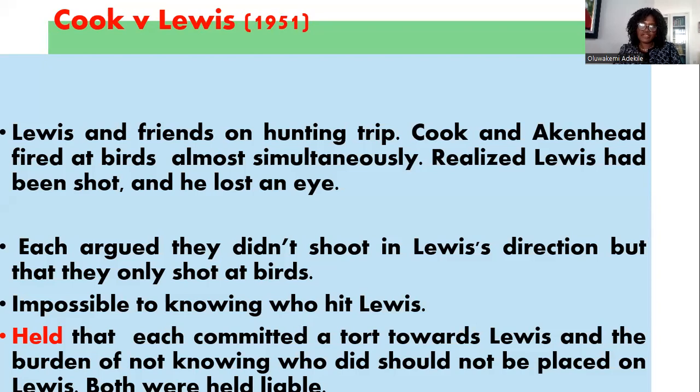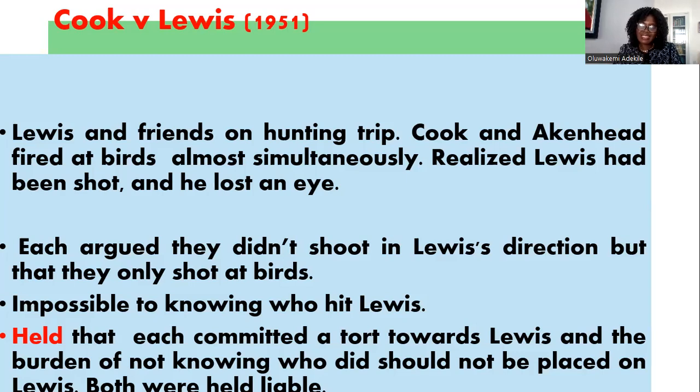Now, each of the defendants, Cook and Arkansas, both argued that they only shot at birds, they didn't shoot in the direction of Lewis. And it was impossible in the light of the facts to know which of them actually shot him. The court held that each of Cook and Arkansas committed a tort against Lewis, and that since it was not possible in the light of the facts to determine whose bullet actually hit him, both would be liable.